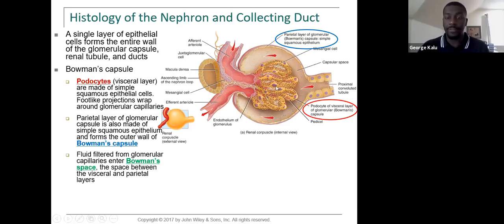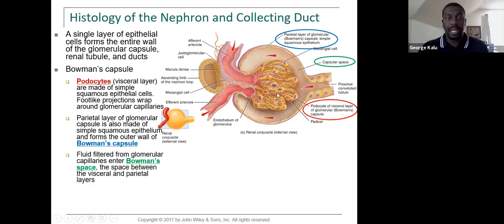So all the filtered fluid, all the filtrate that leaves the glomerulus, is going to enter Bowman's space, and then from there enter the proximal convoluted tubule. So that's this region here. That's all the stuff we find in Bowman's capsule.